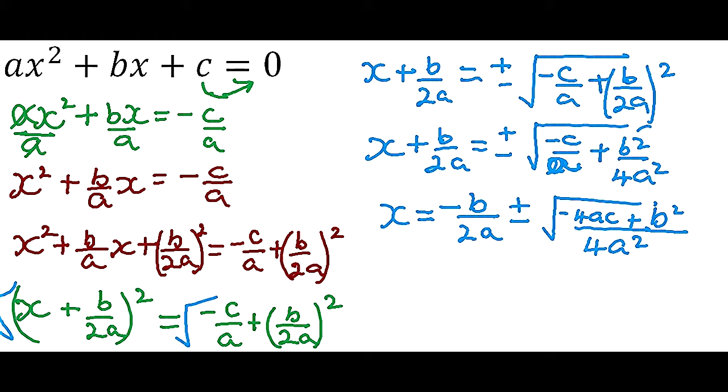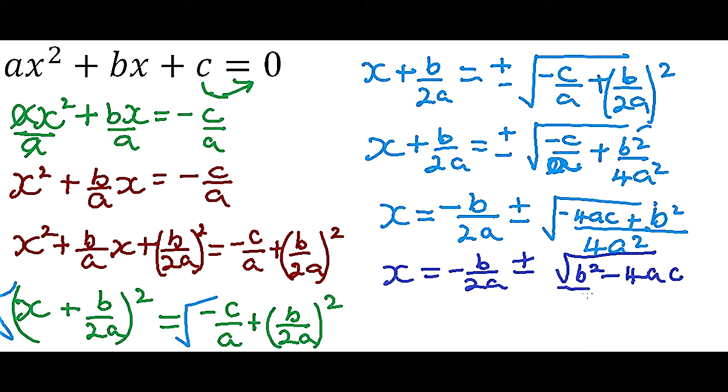So we will have x equals minus b over 2a plus or minus the square root of, we can start with the b squared now, minus 4ac divided by, now the denominator, we get 2a.